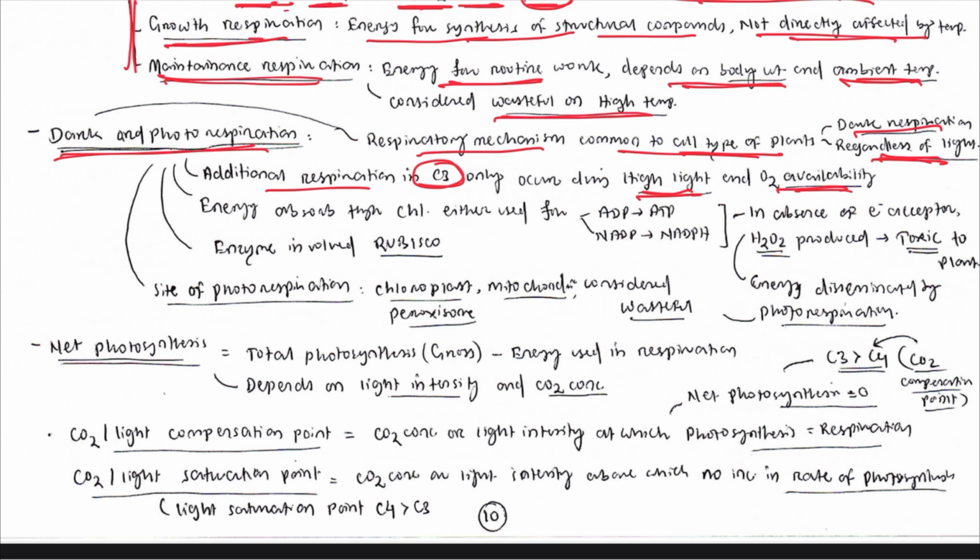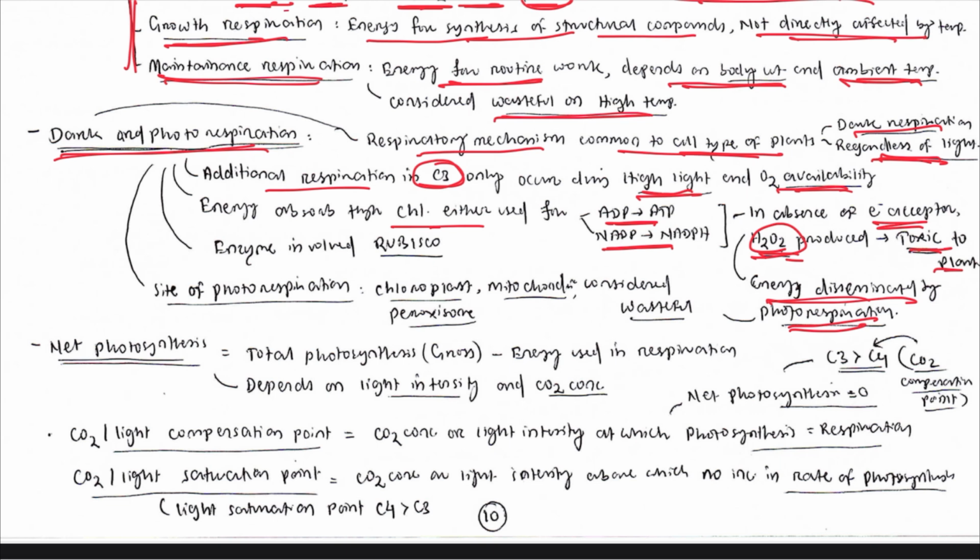So in C3 plants, basically dark respiration and photorespiration happen, and this is a commonly wasteful process. Energy absorbed through chlorophyll is either used for ADP to ATP and NADP to NADPH conversion. In absence of an electron acceptor, H2O2 is produced, which is toxic to the plant, that is hydrogen peroxide. So energy is dissipated by the photorespiration process, and that is considered wasteful.